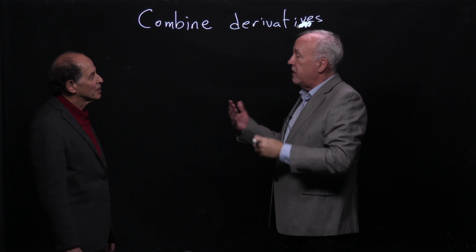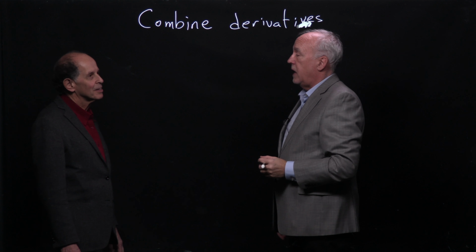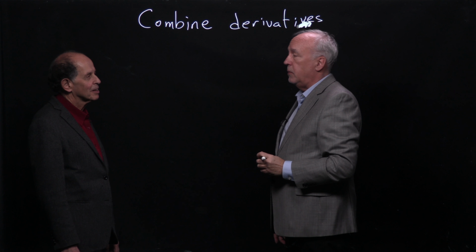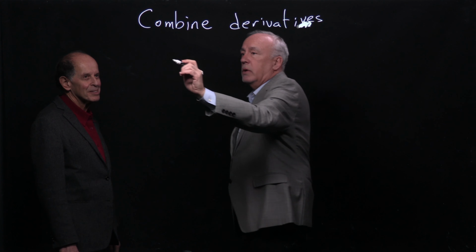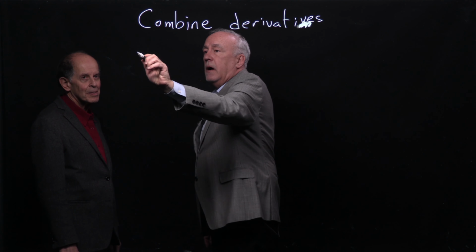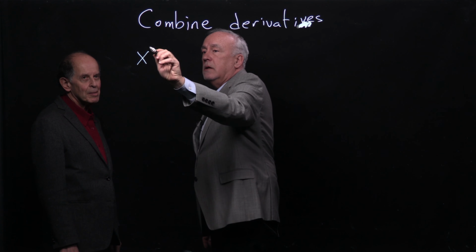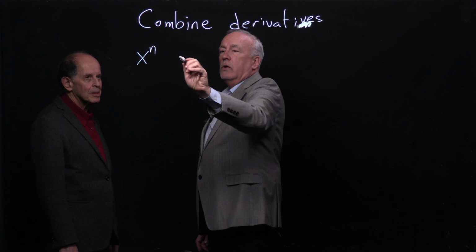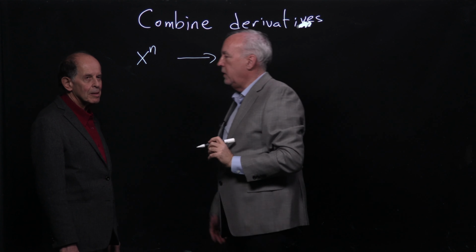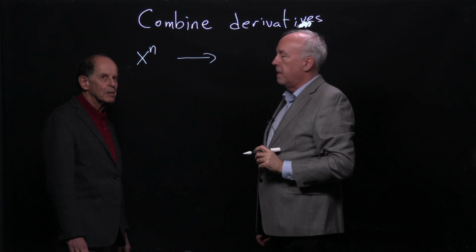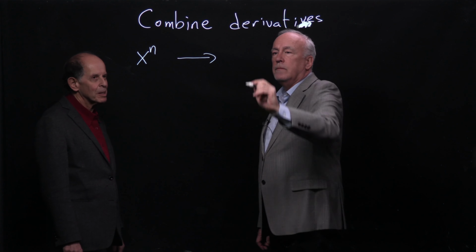Good. So rather than doing general formulas, why don't we start off with a couple of easy examples, like x to the n. What do we know for its derivative? We've worked this out, right? It's nx to the n minus 1.